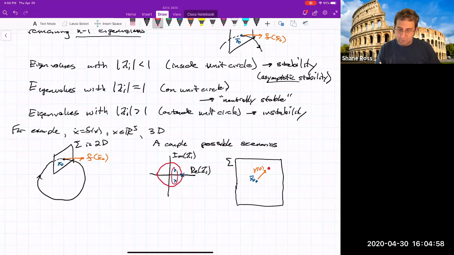The dynamics are given by the eigenvectors corresponding to these 2 eigenvalues that are inside the unit circle. So the magnitude of that perturbation vector, the orange thing, has to shrink. It might get rotated, but it'll shrink.